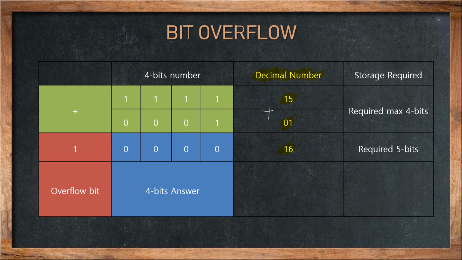Now we'll do the same thing using binary numbers. The binary for 15 is 1, 1, 1 and 1, and for 1 the binary number is 0, 0, 0 and 1.